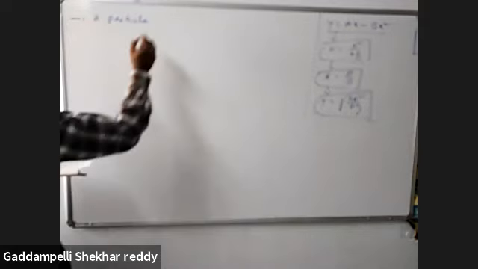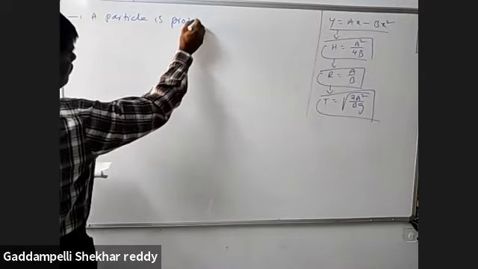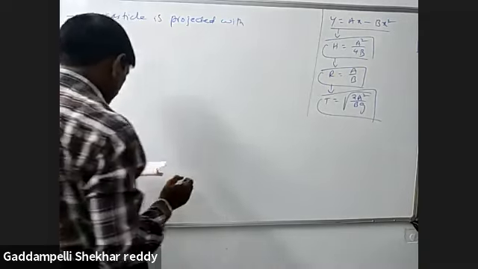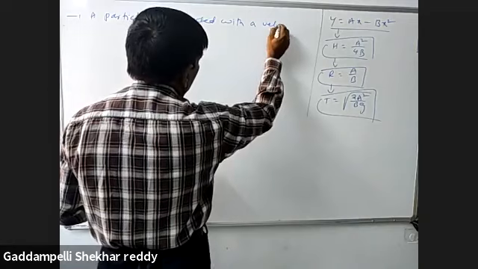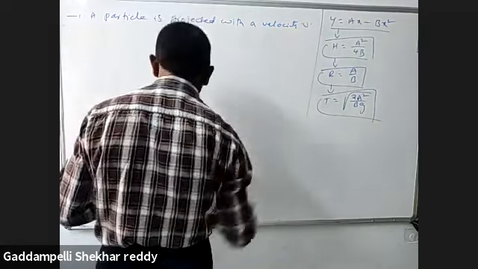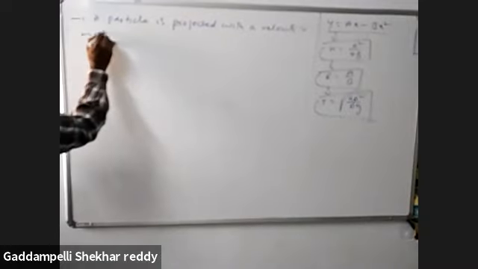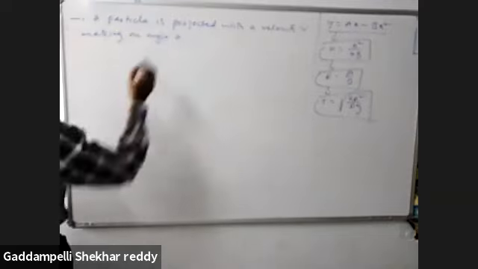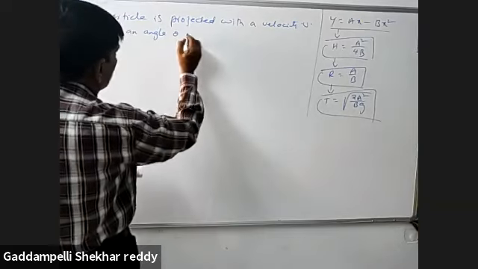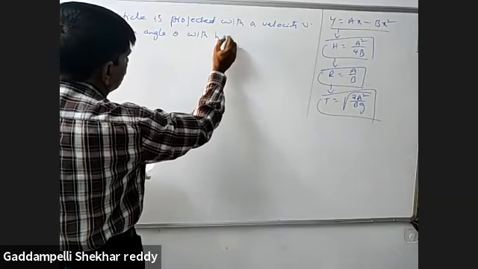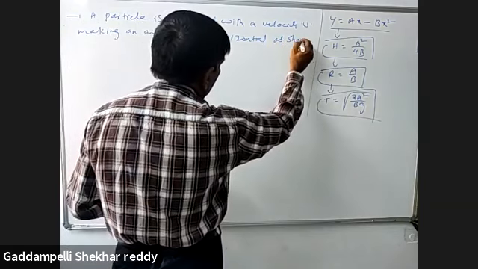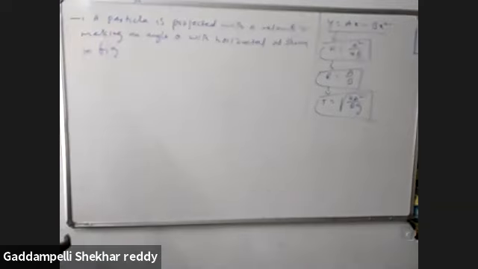A particle is projected with a velocity u, making an angle theta with horizontal, as shown in figure.